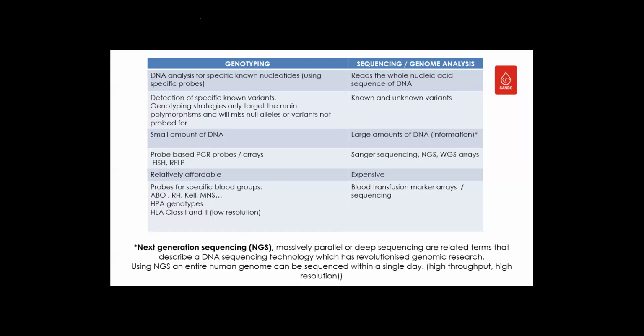This is then interpreted and sorted through very sophisticated software. NGS has really revolutionized sequencing. Just to give you an idea, apparently the whole human genome can be sequenced within a single day, showing you the advantage of high throughput and high resolution. This technology, although still expensive, will become more and more affordable.